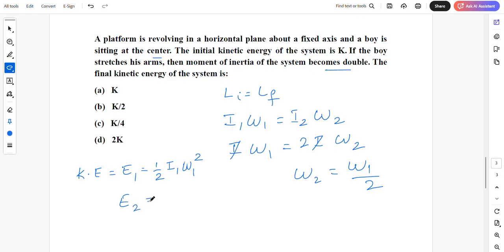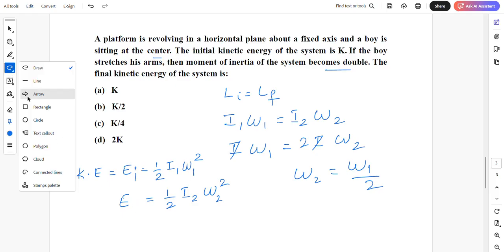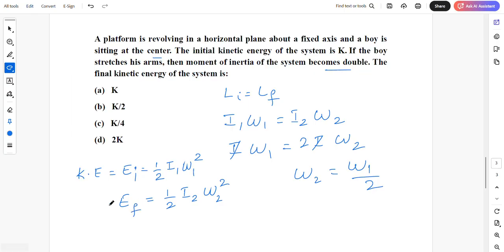E2 is equal to 1 by 2 I2 omega 2 square. Okay, this is initial, and this is final kinetic energy.